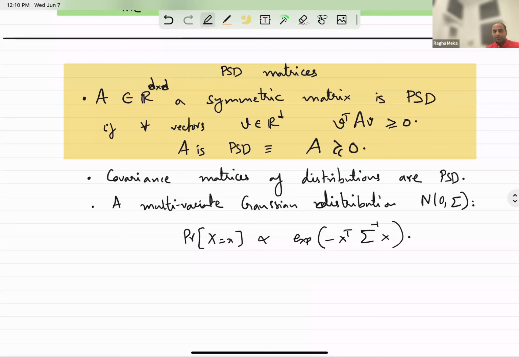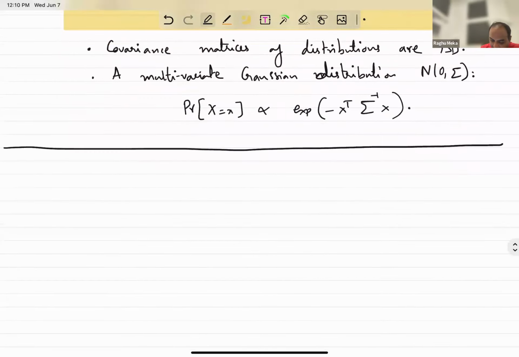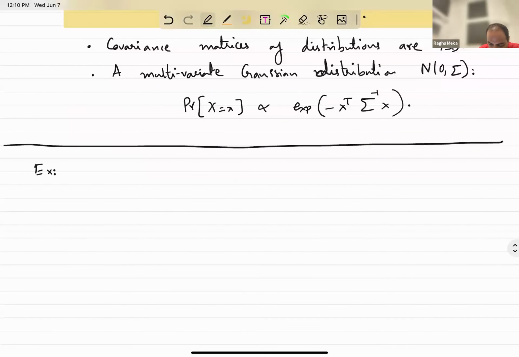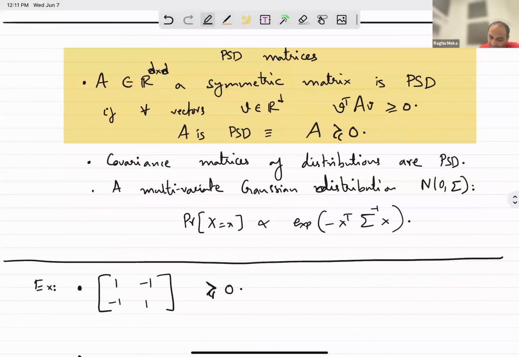In the matrix world, this is the notation that is used. Now let's look at some examples of PSD matrices. We saw one example last time: the matrix 1, -1, -1, 1 is positive semi-definite. It's greater than or equal to 0 in this PSD sense. What other matrices are PSD? One way to arrive at PSD matrices is to think of what this equation should be.